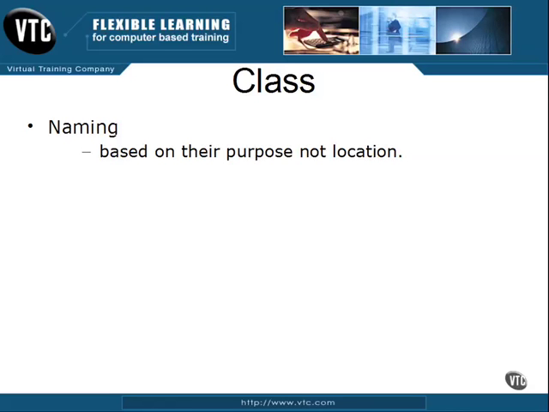So let's say that our right hand sidebar, well, we no longer want it at the right, but we want it over at the left. We would change that property so that it would go over to the left. And then, unless we wanted it to be pretty confusing, we'd have to change the name of the class inside both the HTML attribute and inside the rule. So it's actually creating more work. So by basing names on purposes and not specific locations, it gives a little bit more flexibility.